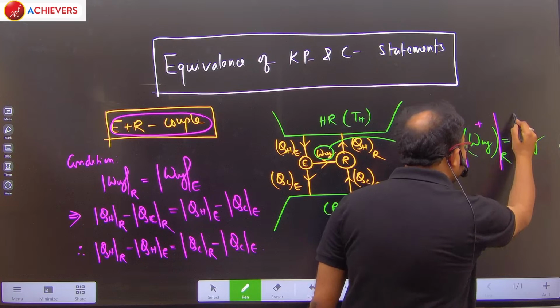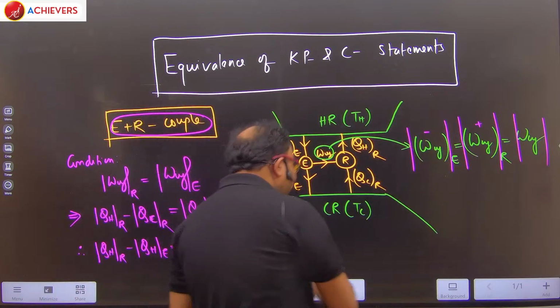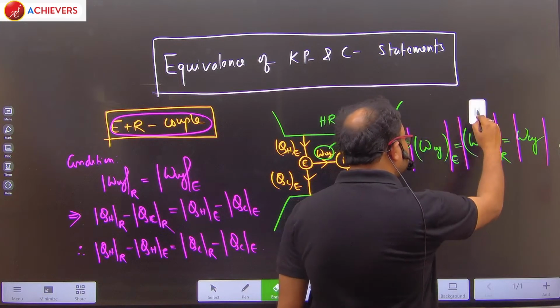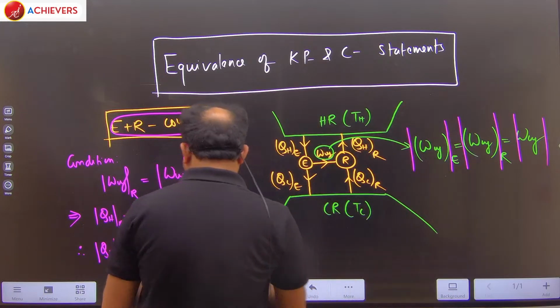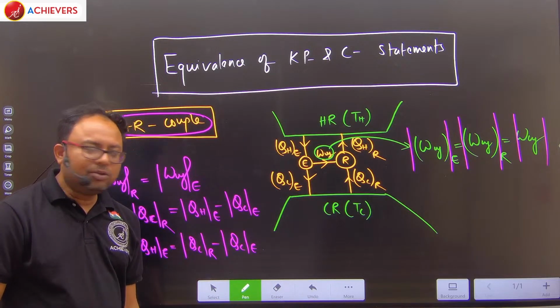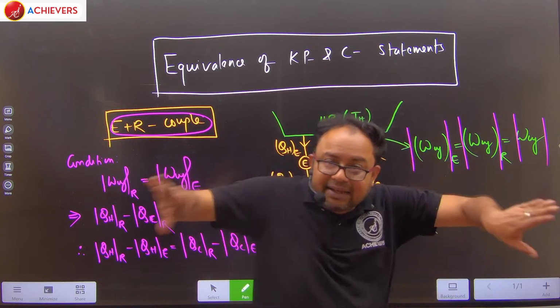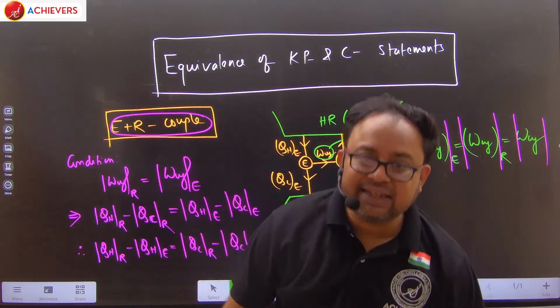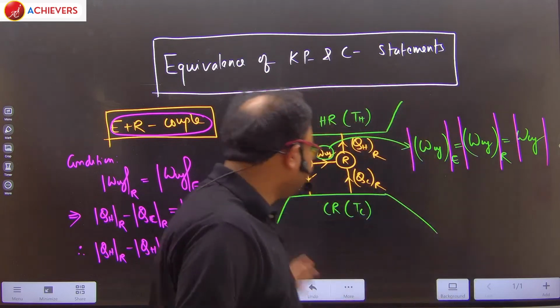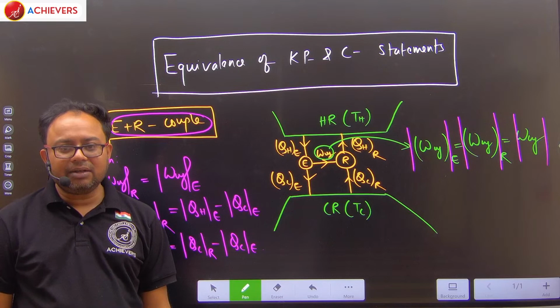That's why we write the equation in this manner. So you just can't make these two things equal, because although they are same in magnitude, they are opposite in sign. That's why you write it in this manner.